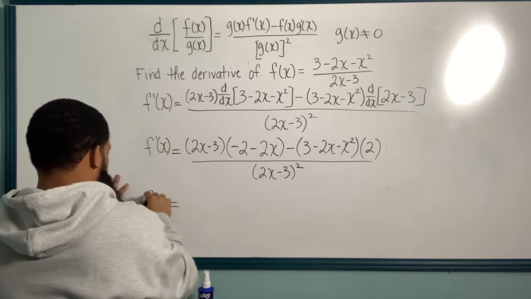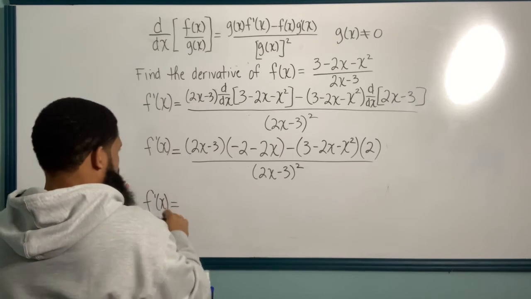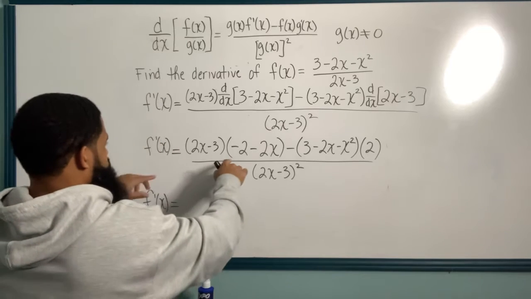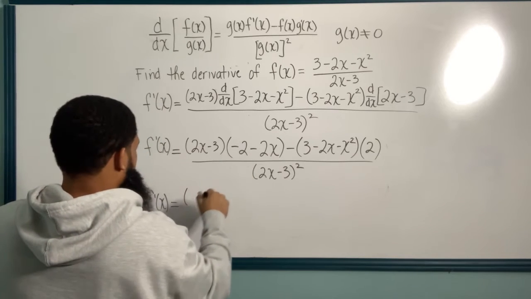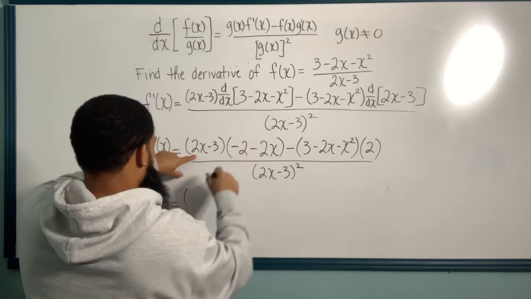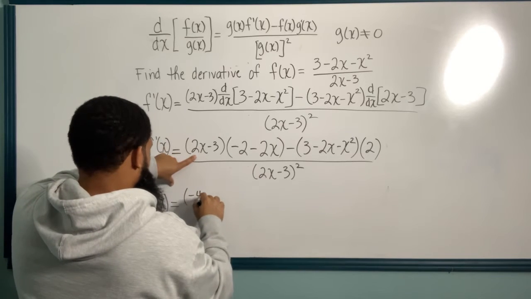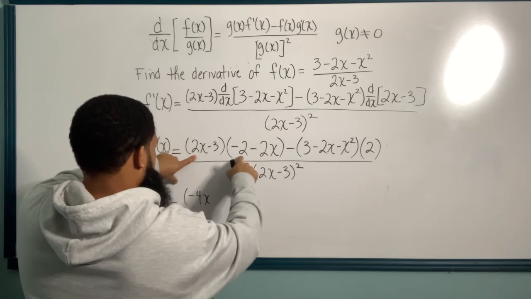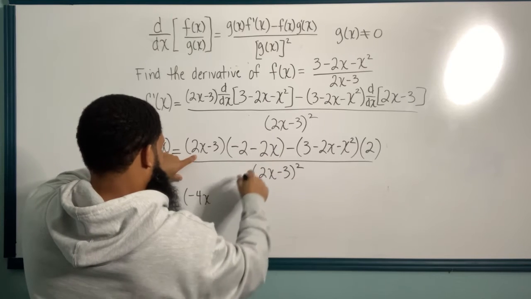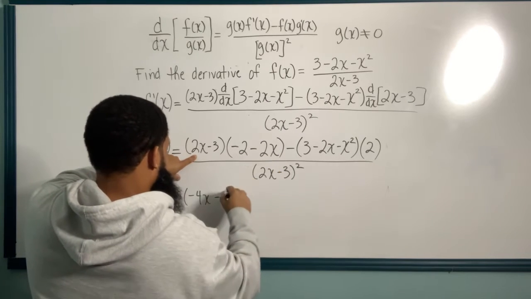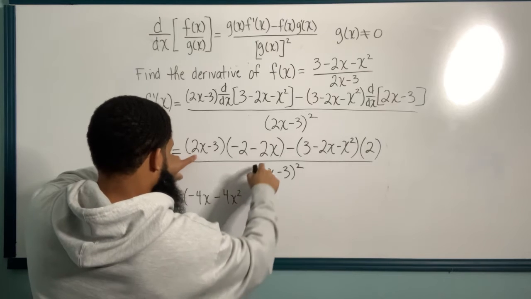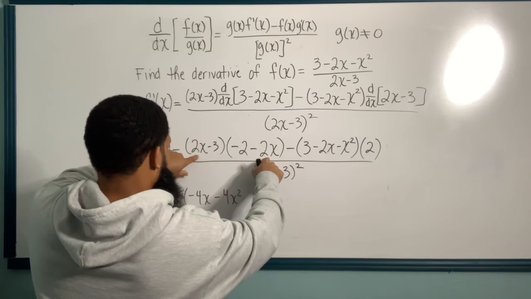All right, boom. So now let's multiply these two binomials. Be very, very careful. We have 2x times negative 2, which is negative 4x. We have minus 4x squared, negative 2x times, okay.